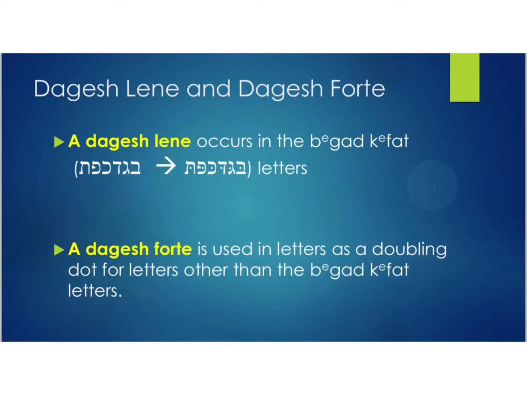So this can come in any letter including Begadkefat letters except the gutturals. So Dagesh lene hardens the pronunciation and occurs only in the Begadkefat letters. However, Dagesh forte is used for doubling. It occurs in any letter, including Begadkefat letters, except the gutturals.